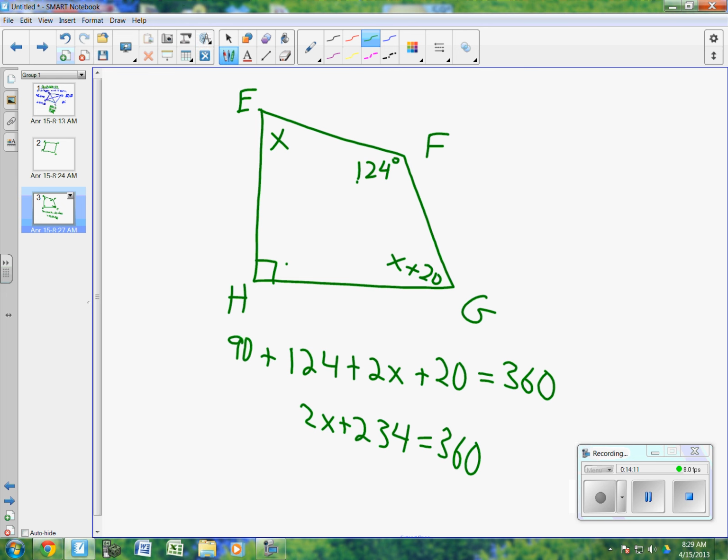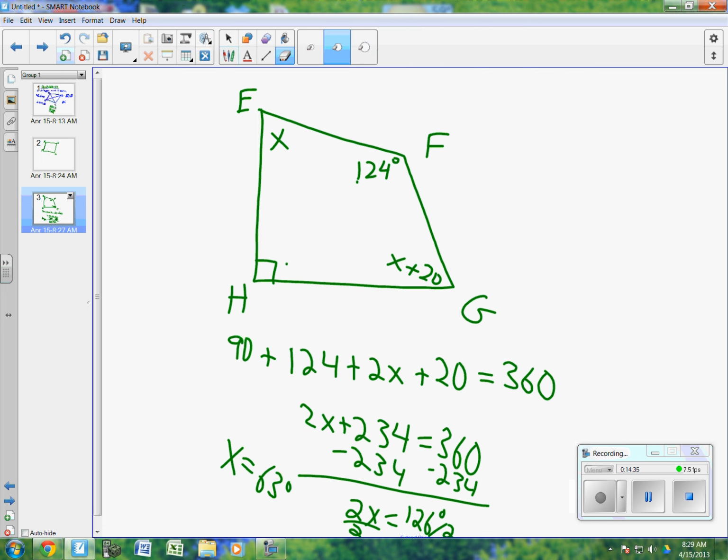Solve that equation. Minus 234 from both sides. What do we get? 126? And then do what? Divide by 2, and what do you get? 63, right? Is that my answer?